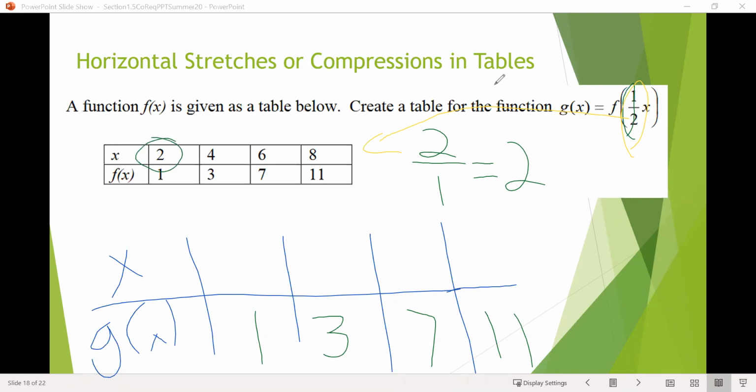So we go through and multiply each of these. 2 times 2 gives us a 4. 4 times 2 gives us an 8. 6 times 2 gives us a 12. And 8 times 2 gives us a 16. So the table for our function g in this case looks like inputs of 4, 8, 12, 16, and corresponding outputs of 1, 3, 7, and 11.